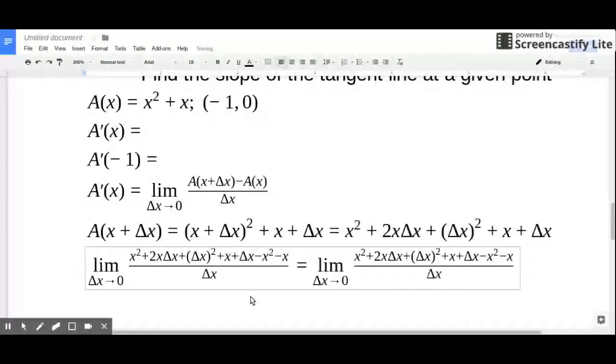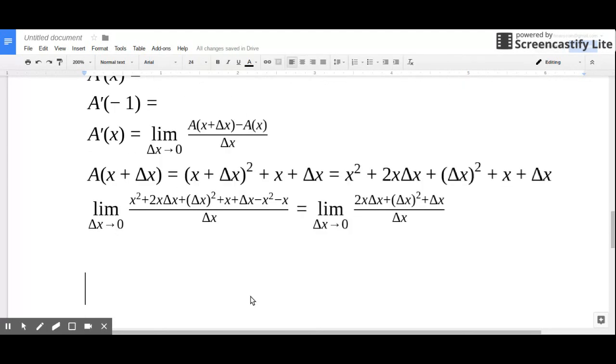How's that? Alright, so that negative x is going to go away, the x squared is going to go away. Okay, there's our x, got rid of that. And our positive x squared.